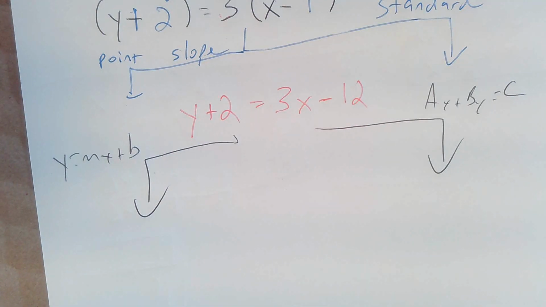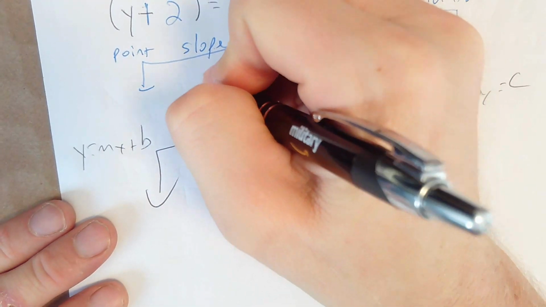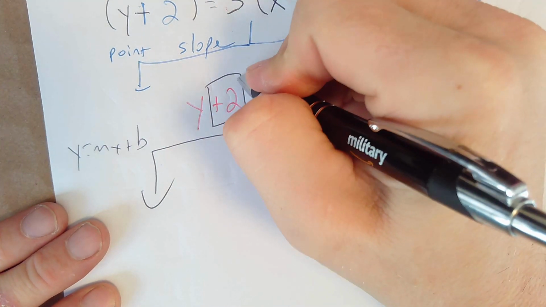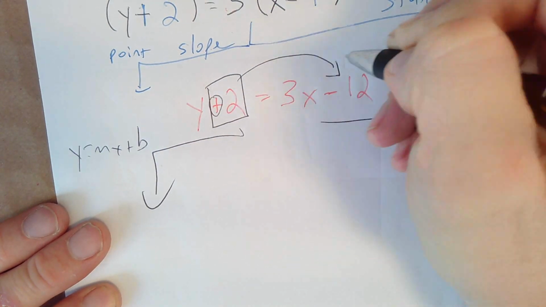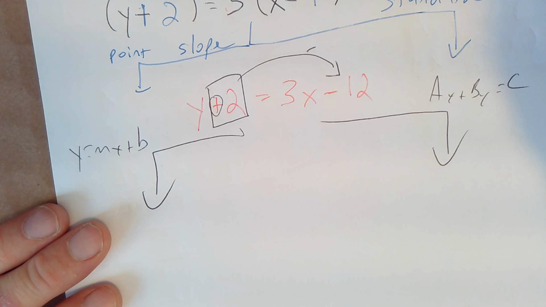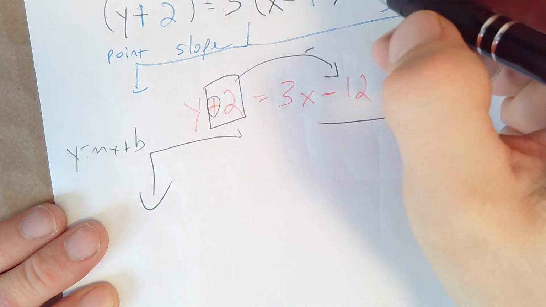Right, so this is where I'm going to different sides here. The y equals mx plus b is pretty easy. I need to get the y by itself. So this positive 2 doesn't belong on that side. So I got to bring it over to here. When I do that, this plus sign changes from a plus to a minus.